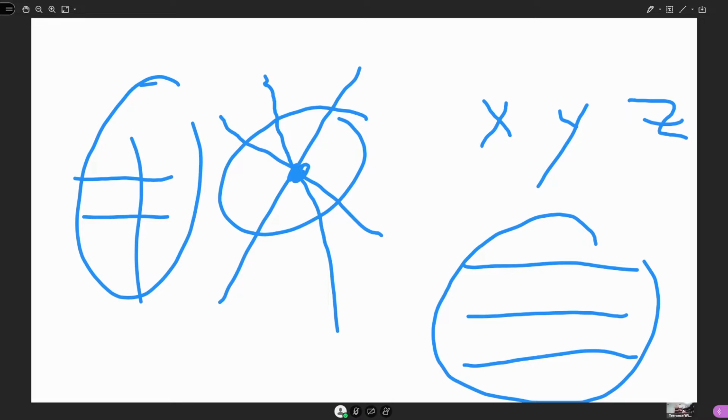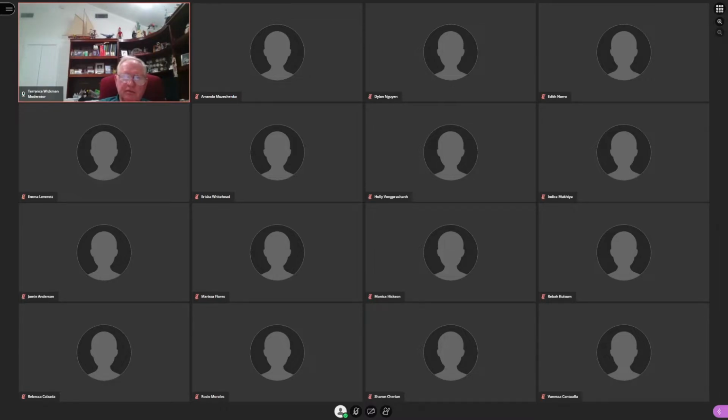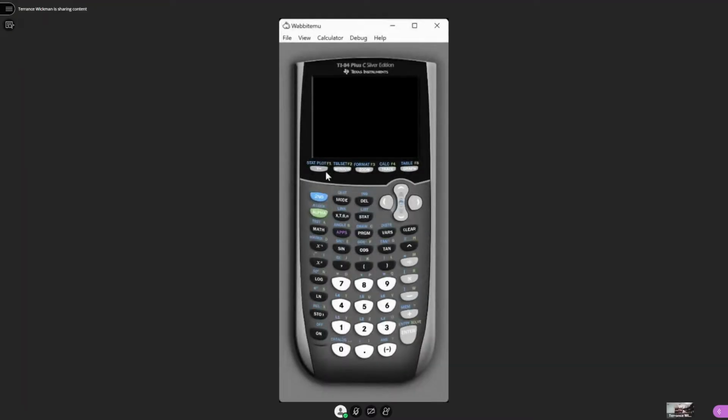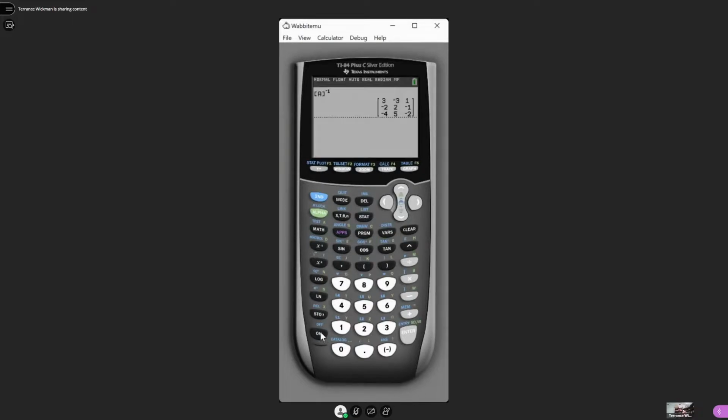We're trying to find this solution right here as shown. Okay, so let's go to our calculator. And the first line, let's turn this on again.